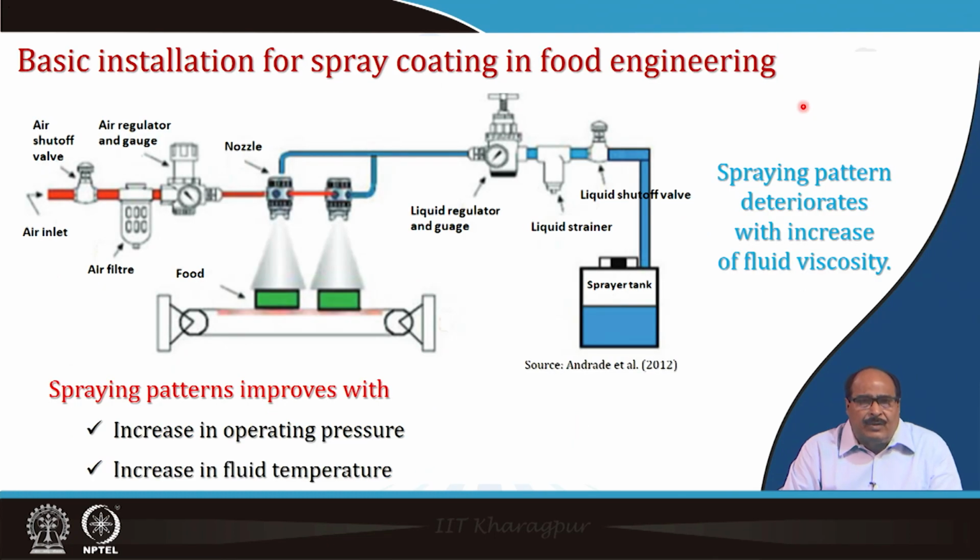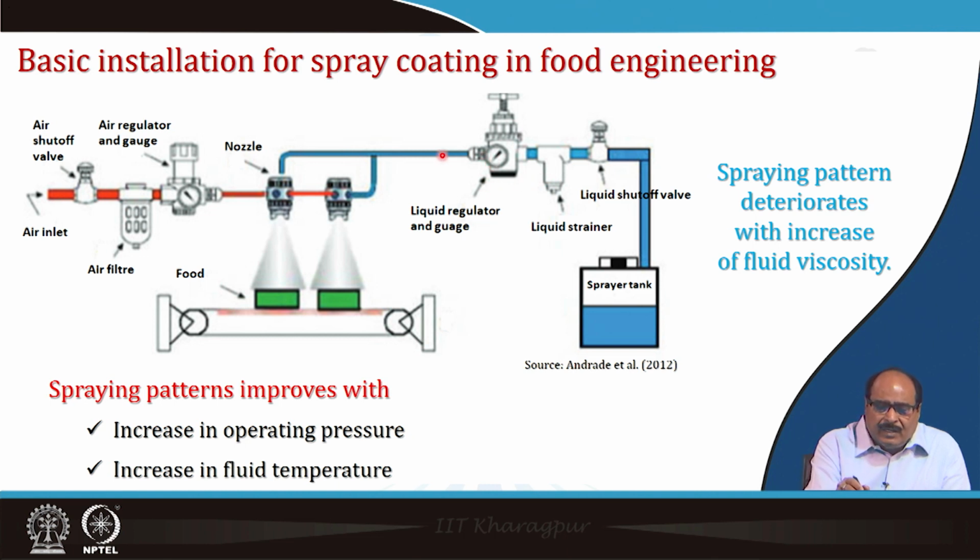Here in the system you can see this is the sprayer tank. The material, the coating material in homogenized emulsion form, is here. From this, with the help of an associated pump, there is a liquid set of valve, liquid strainer, and liquid regulator and gauge.